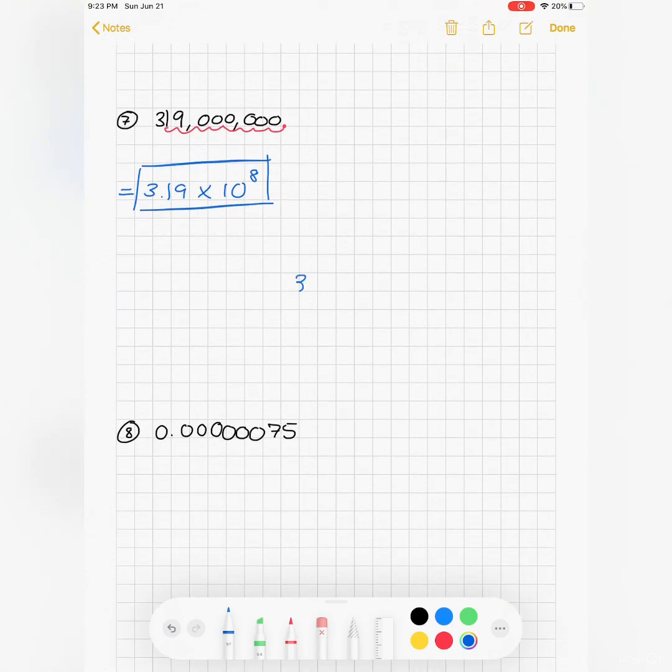Should I check one more? 3.19. Add as many zeros on the end as you want. Move the decimal 8 times. It's here. So what is that number? 319, 1, 2, 3, 4, 5, 6. Did I count those right? Looks like it.